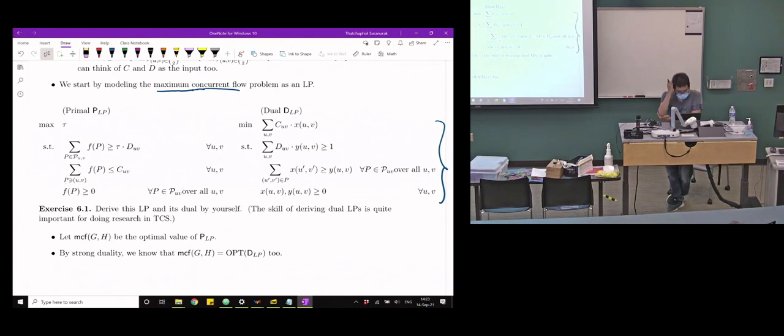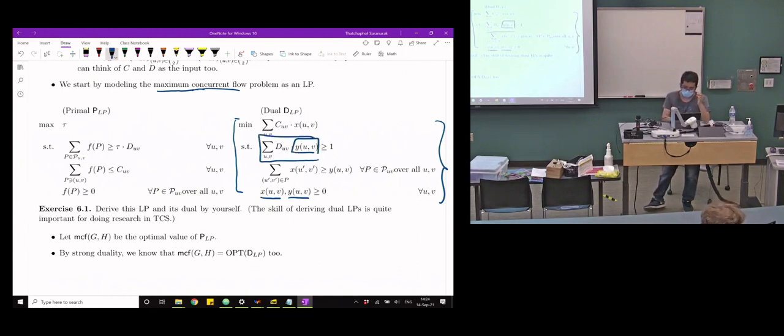Okay. So let's try to interpret it a bit, right? What is this thing? There are two sets of variables, x and y, and what you want to do is distribute y so that the weighted sum of y is at least 1. Think of y as a kind of distance between u and v.